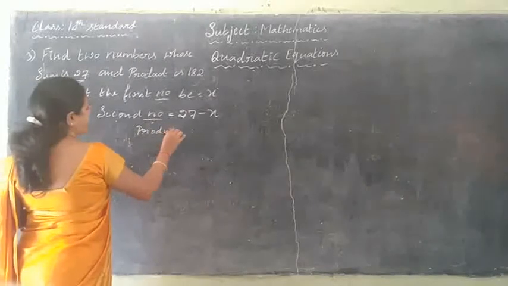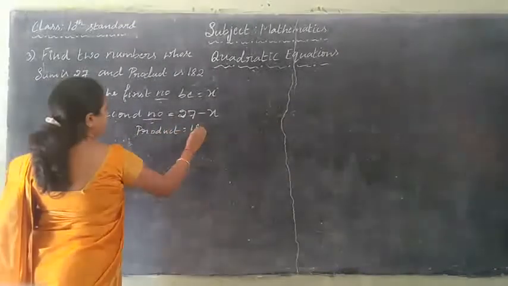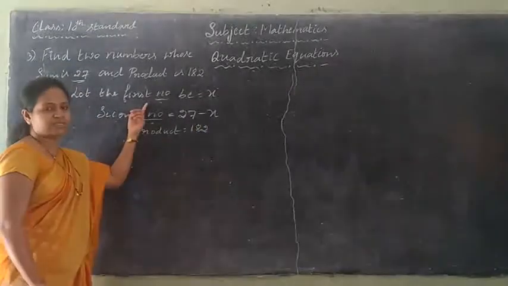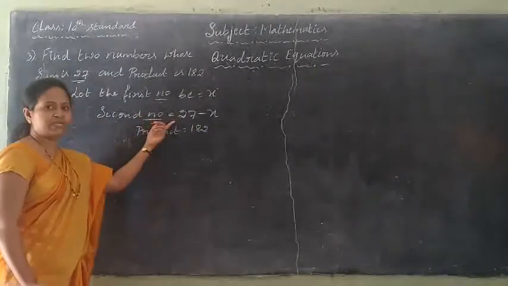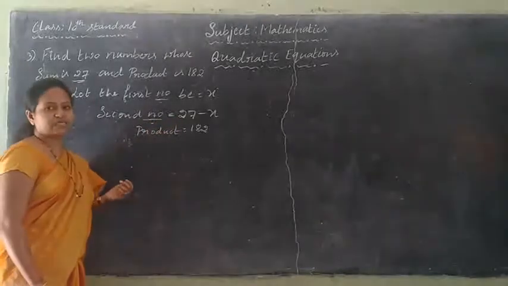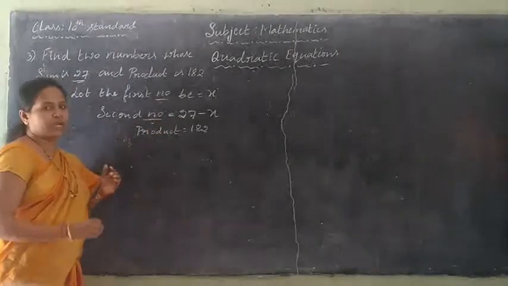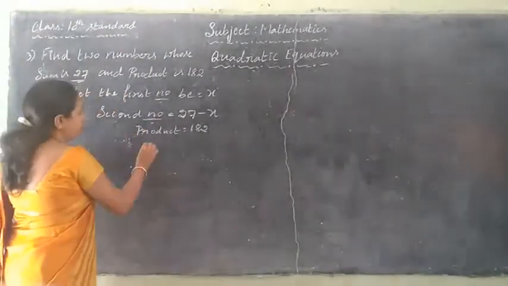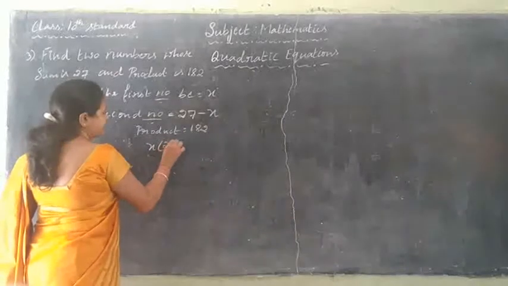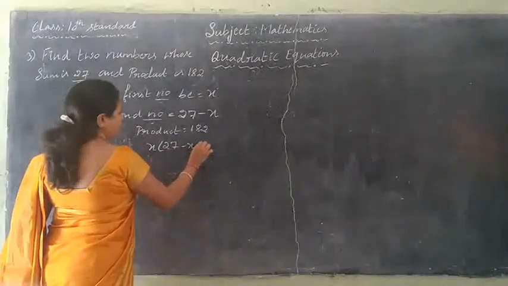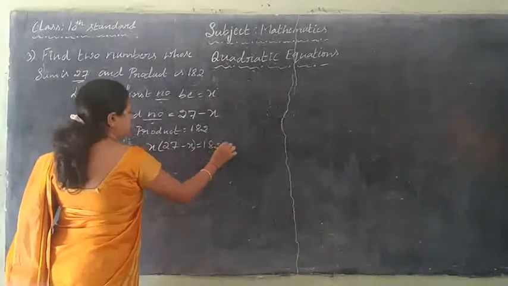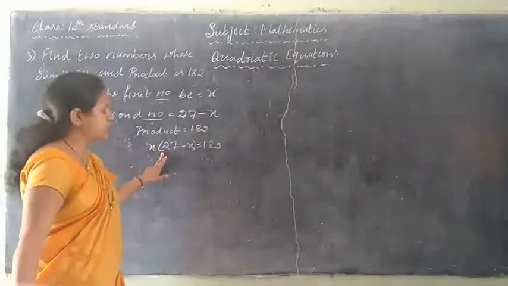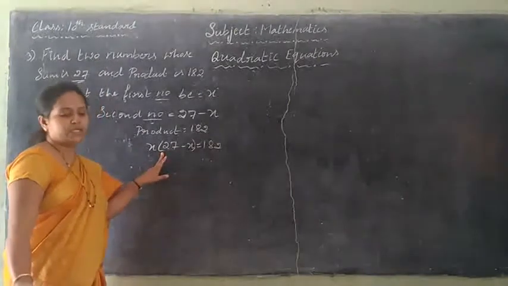And then the product is given. What is the product? The product is 182. Understood? We take the first number as x and the second number as 27 minus x, and the product is given as 182. As usual, you know that product means we have to multiply. So x into 27 minus x is equal to 182, children.